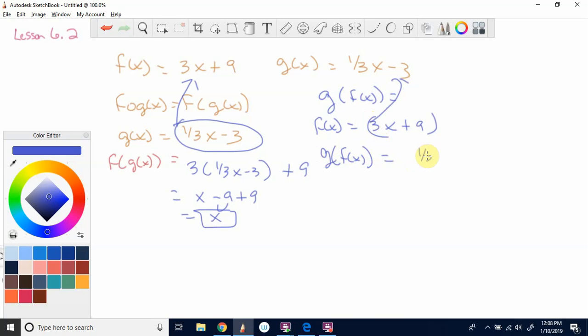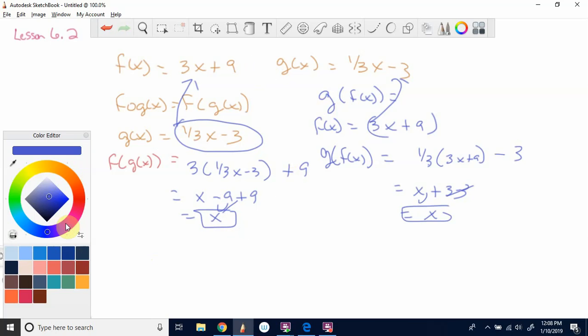So I get 1/3 times 3x plus 9, minus 3. So this becomes x plus 3 minus 3, and that cancels to 0, so I get x. So both their compositions, when I do them, give me x. So these two are inverses.